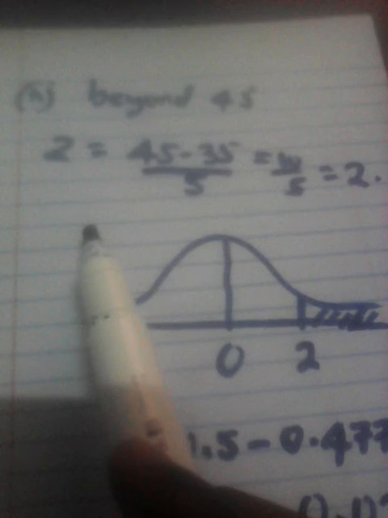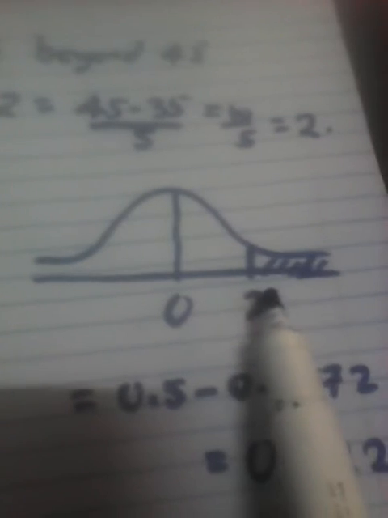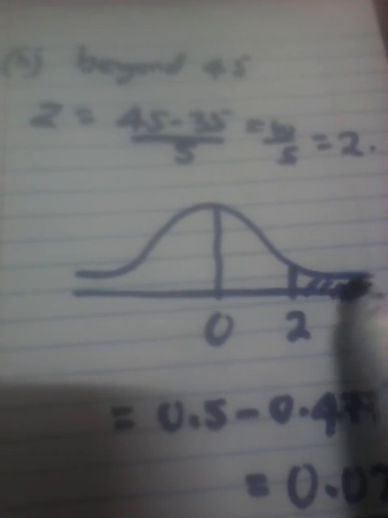For the other case where we are told beyond 45, what does beyond 45 mean? Beyond 45 implies that you get the value of Z when X is 45. 45 minus 35 over 5, that is 10 over 5, which is 2. Now where does 2 lie in our bell-shaped curve? 2 can be here, but because we are interested in those who lie beyond 45, it means it is this area that I've shaded here.